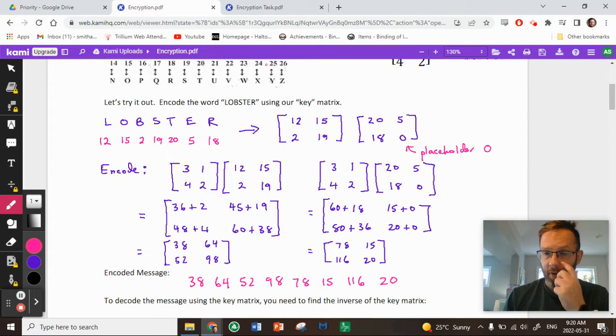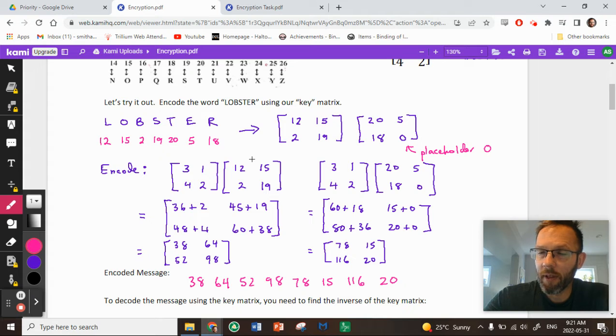So we would send them that message. Now that is completely encoded, not obvious at all what those numbers represent as far as letters. But if we just sent that message to our friend, they wouldn't know either.